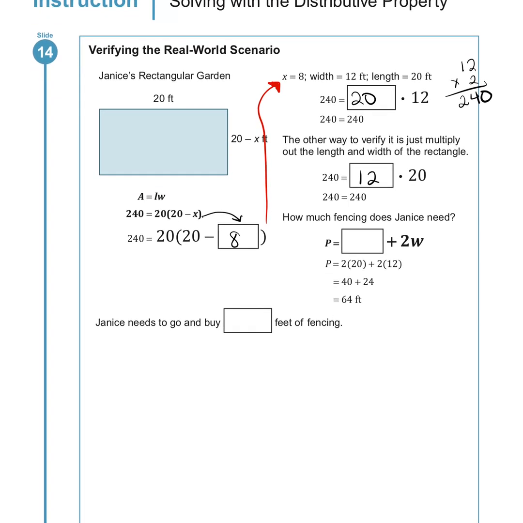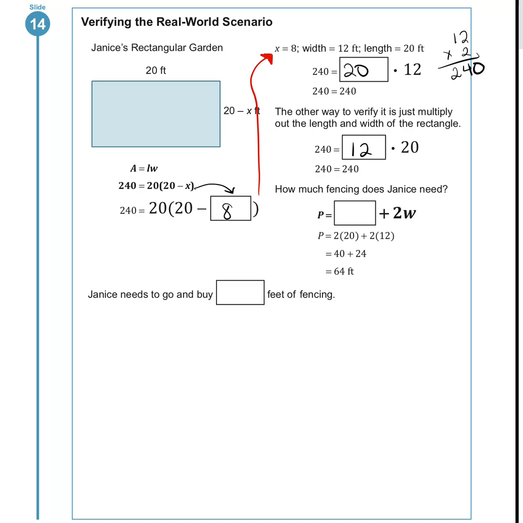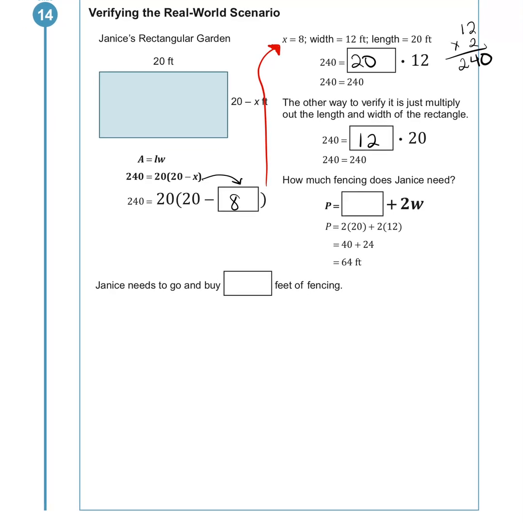Now, how much fencing does Janice need? So, they actually now need the perimeter, right? So if you need the perimeter for all the sides, right, and they only give you the area, you have to do a little backwards. So our perimeter, and I'm going to write this in pink, our perimeter is equal to 2 times the length plus 2 times the width.